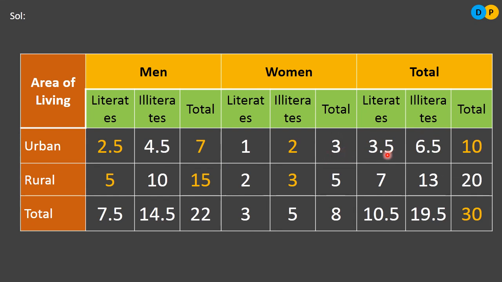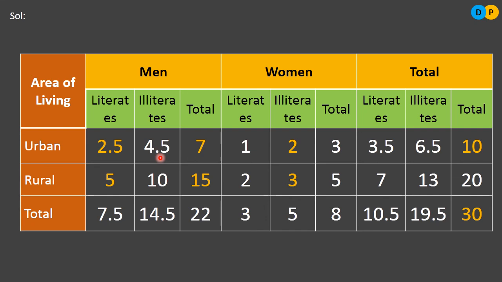Next, in the question, in urban areas there are 7 lakh men, out of which 2.5 lakh are literate. So then we can easily find out the illiterate strength. 7 minus 2.5 will give me the answer 4.5 lakh as the illiterate men.